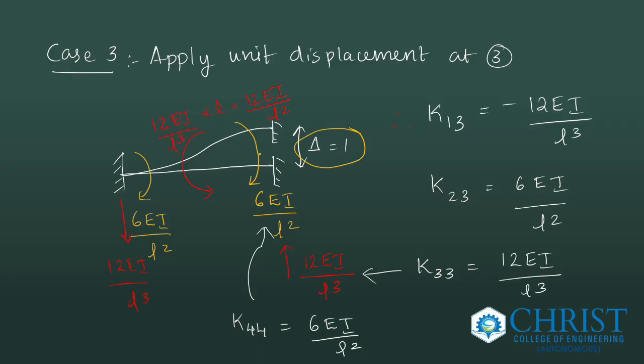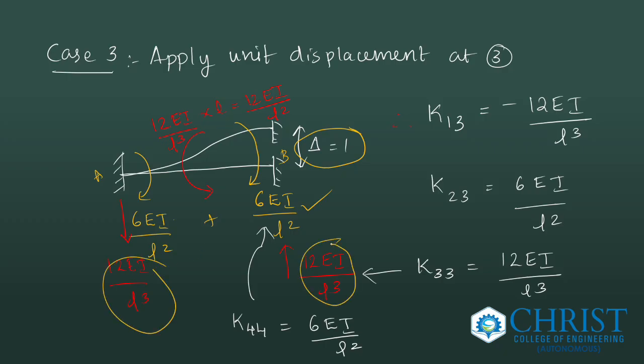As a result, in order to overcome this one, 6 EI by L square is produced at end B as well as at end A. Resultantly, adding up 6 EI by L square and 6 EI by L square, a resultant of 12 EI by L square is acting in the structure. So in order to overcome that resultant moment, the support reactions will produce 12 EI by L cube.